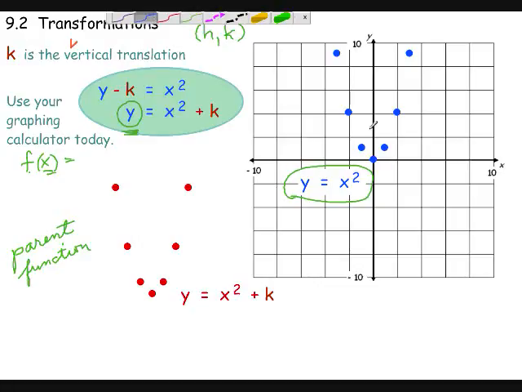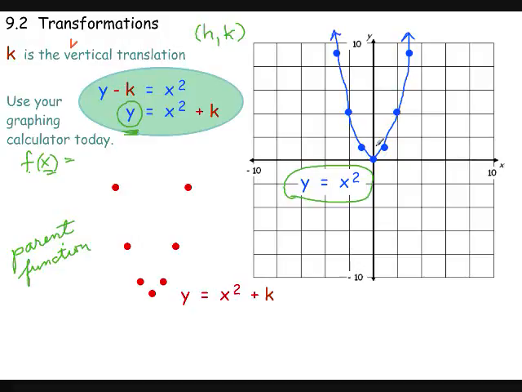With the parent function, y equals x squared, the vertex is always at 0, 0. And let's join the points. The vertex is at 0, 0. We've already studied the symmetry of this.